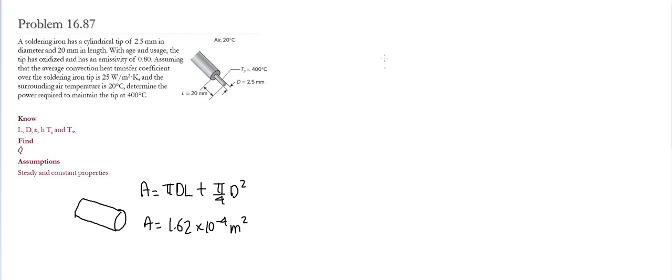In this problem, we have both convection and radiation. So the total amount of power that is released by the tip is going to be the addition of radiation plus convection. That's the amount of heat that is going to be lost, that is produced by the tip or dissipated, and this is how it's going to be cooled down by both radiation and convection.